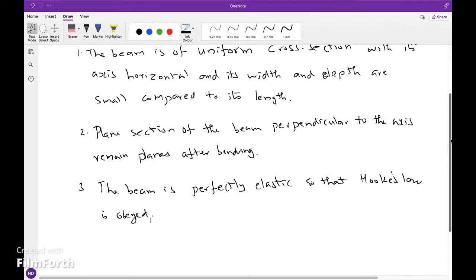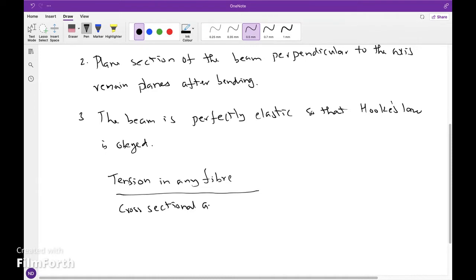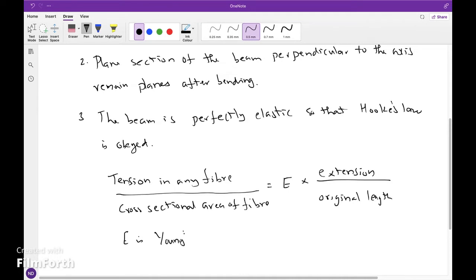That is, tension in any fiber divided by cross-sectional area of fiber is equal to E into extension divided by original length, where E is Young's modulus for the material.